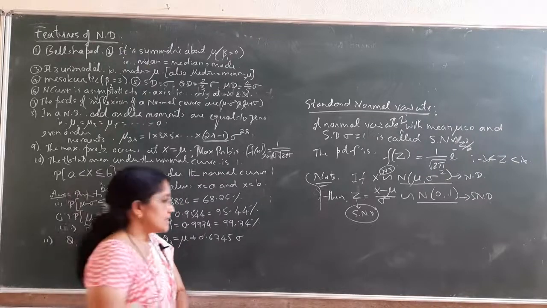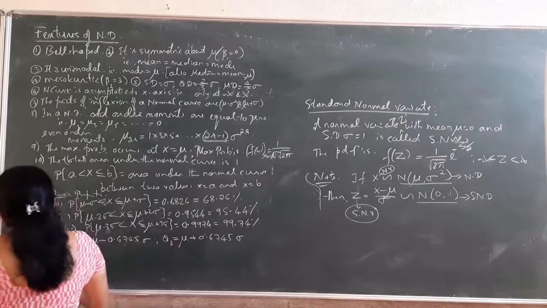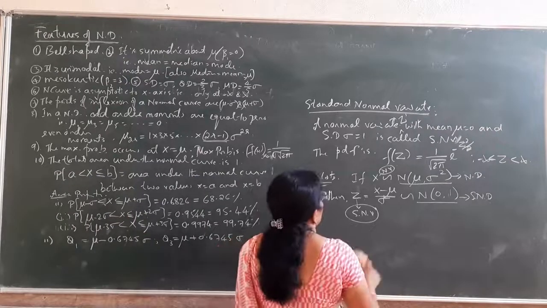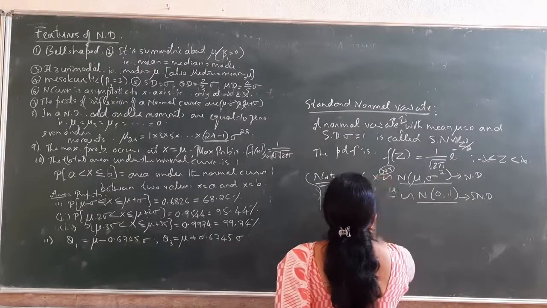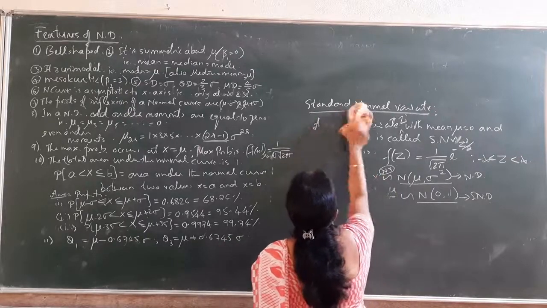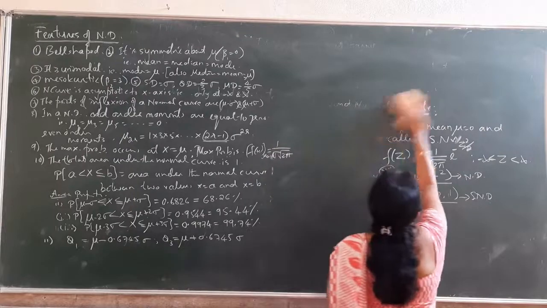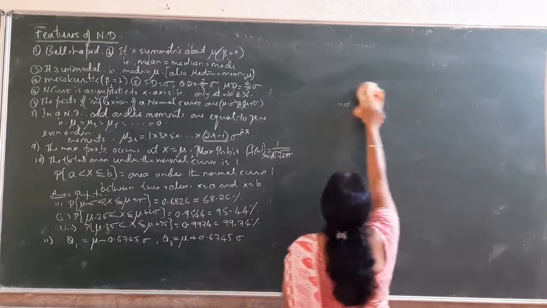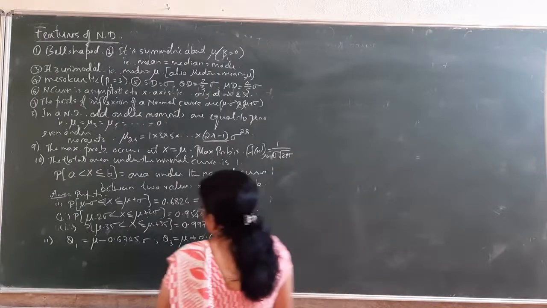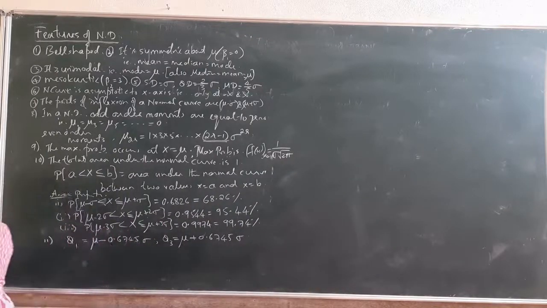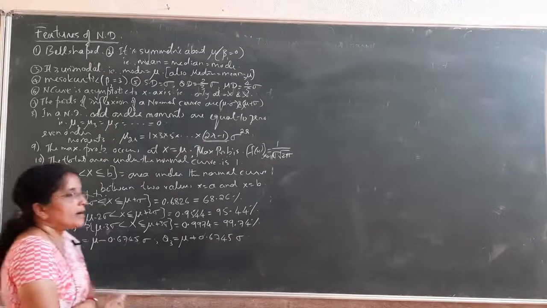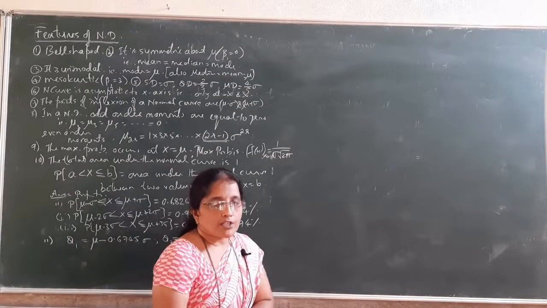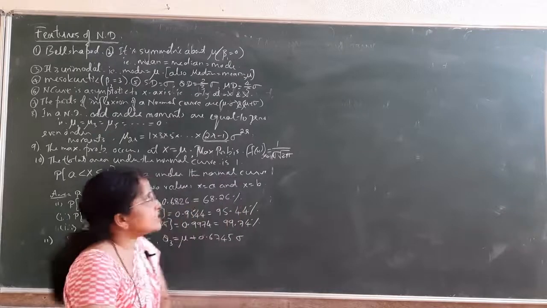Next, let us just recall the features. That means already we know the features of normal distribution. Once you know that, easily we can write the features of standard normal distribution. How? In place of mu write 0. Similarly, sigma should be replaced by 1 in all the features which we stated under normal distribution.